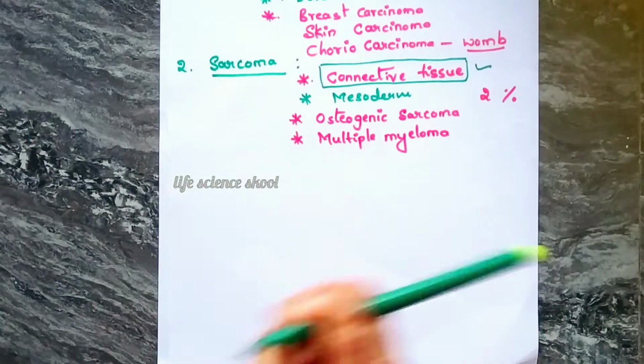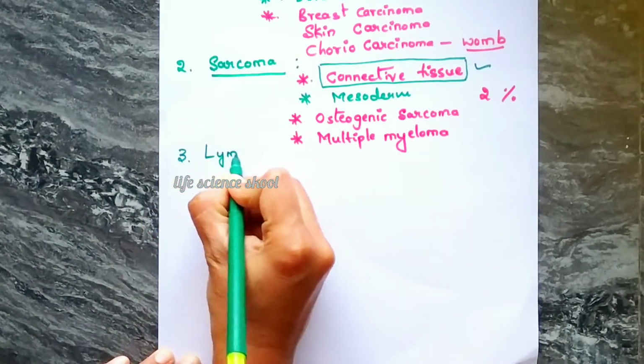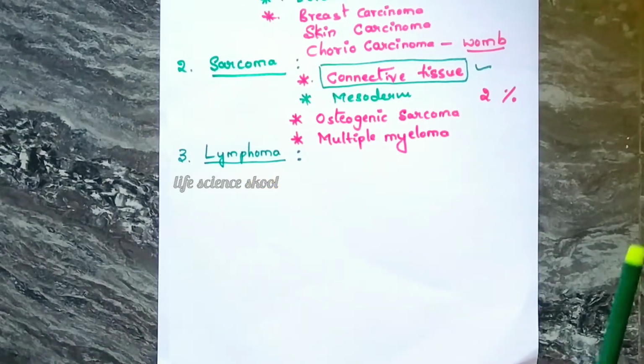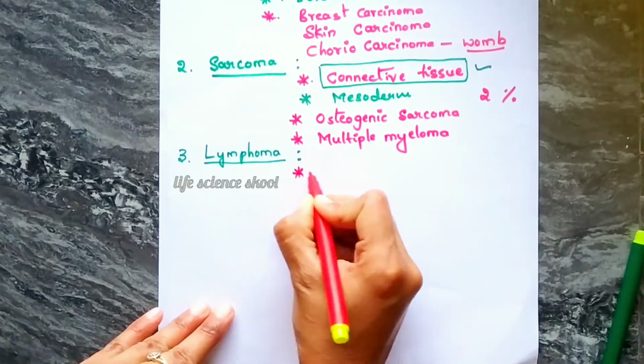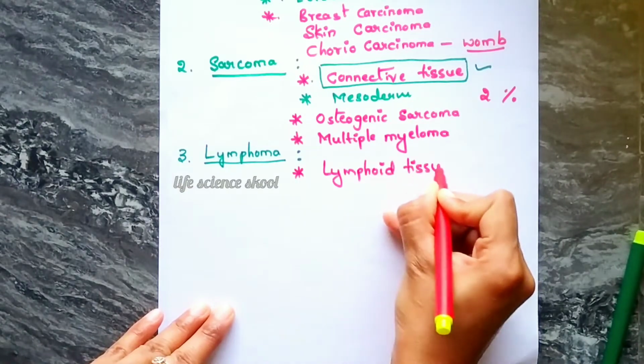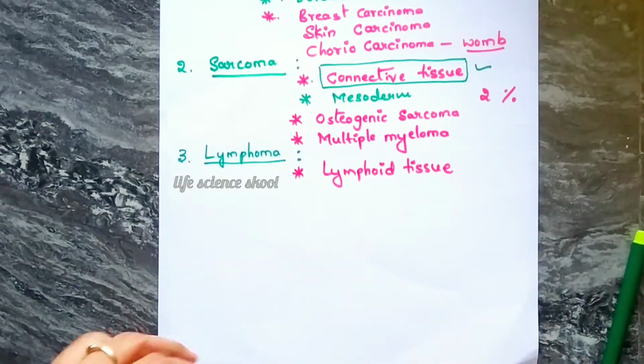We will move on to the next type. The third one is lymphoma. Now we will look at the points on lymphoma, the third type of cancer. Lymphoma is the cancer of the lymphoid tissue, like the spleen and lymph nodes.